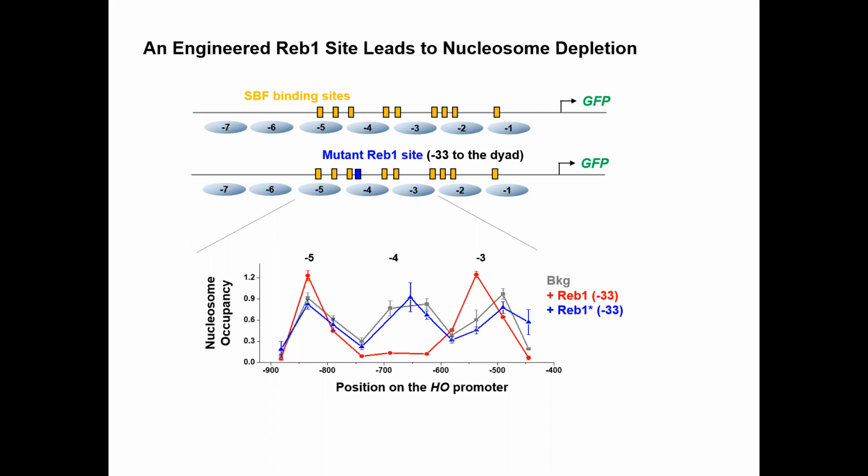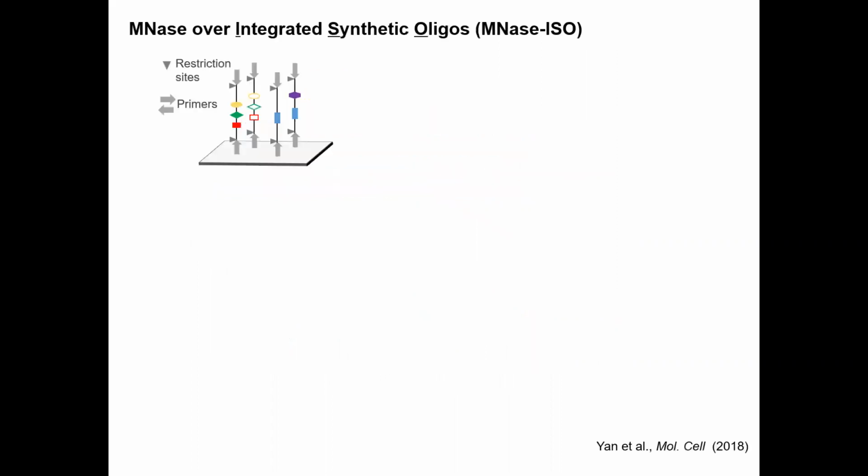We can put it at different locations with different orientation, affinity, copy number, spacing, you name it, right? So in principle, we can use this assay to systematically investigate the binding site configuration and its relationship to nucleosome depletion. Of course, we don't want to do this assay one by one. We need a high throughput method. And this is how it works.